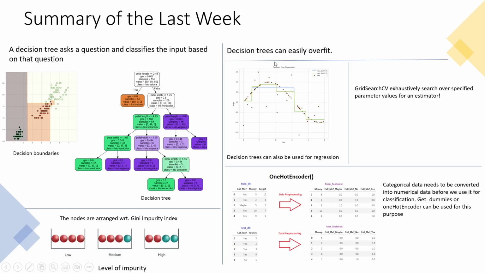And then we have seen we can use decision trees for regression as well. And then we worked on something called grid search CV, which exhaustively searches over specified parameter values for an estimator. Then we have seen how we can deal with categorical data for our classification problem. And then we have seen how we can deal with missing values.